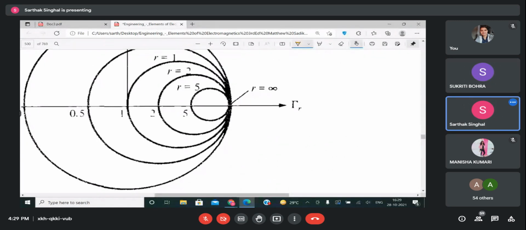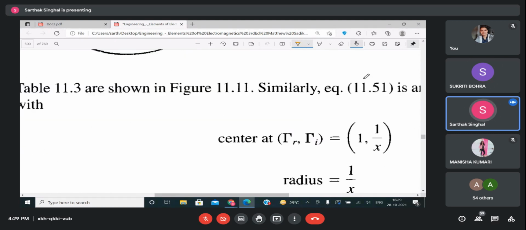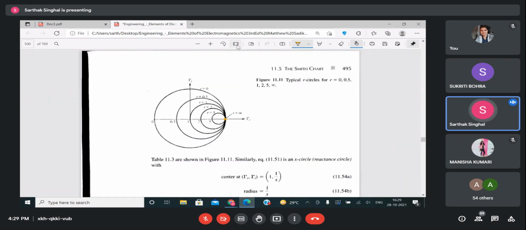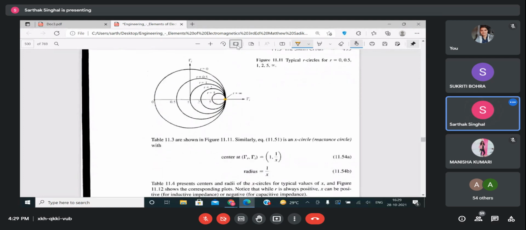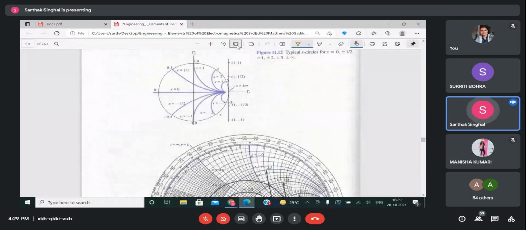Yes, sir. This point, right? And what about the radius? The radius is also 1, right? Yes, sir. So the circle will be like this.